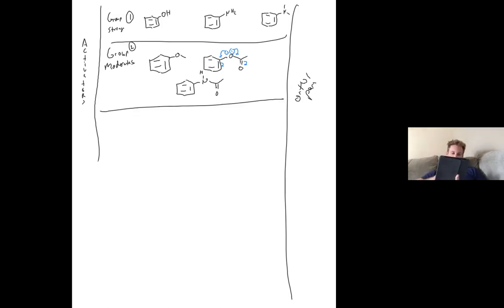Our weak activators are group 3. It's going to be things like carbon groups, which get a little bit of what's referred to as hyperconjugation.